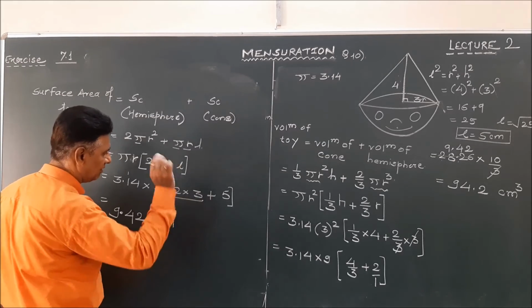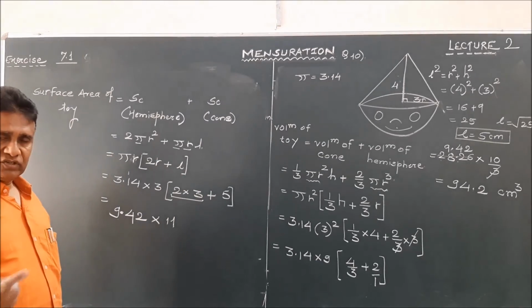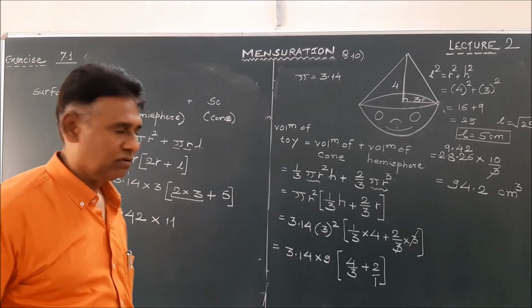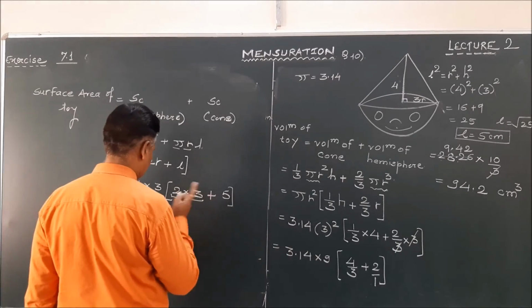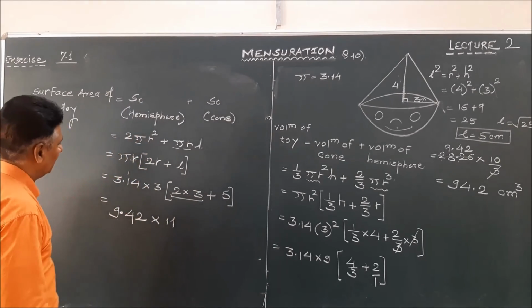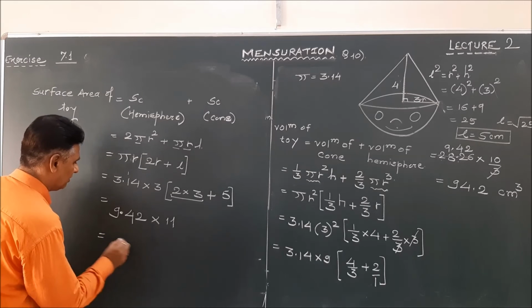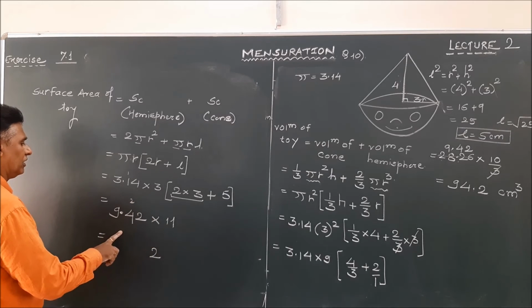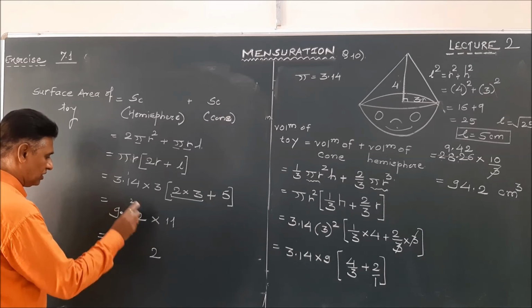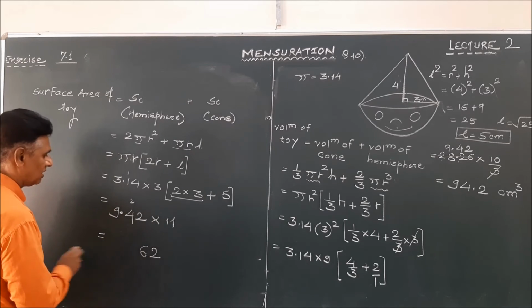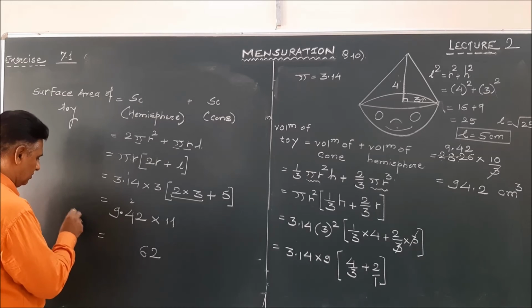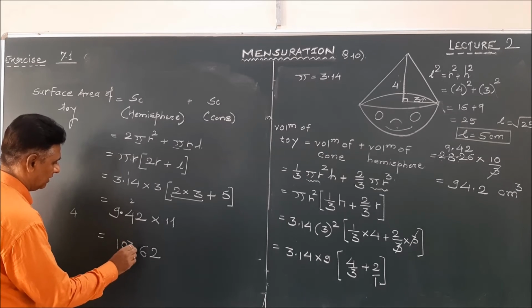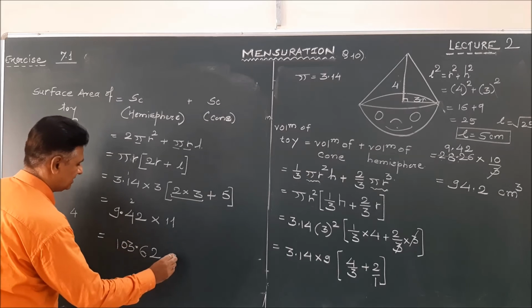Please try to understand, we have to apply the BODMAS rule here. Multiplication first, 3 twos are 6 plus 5 is 11. Now 9, 11 2s are 22. Add 2. 11 4s are 44, plus 2 is 46. 46.4... 103.62 square centimeters.